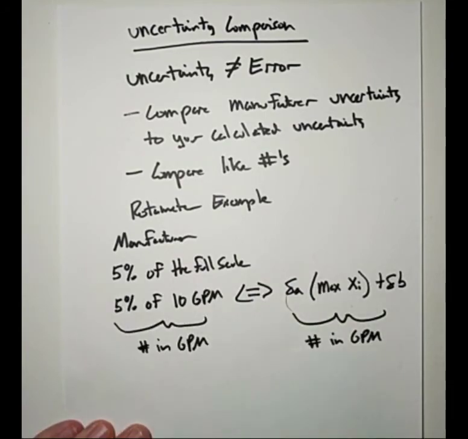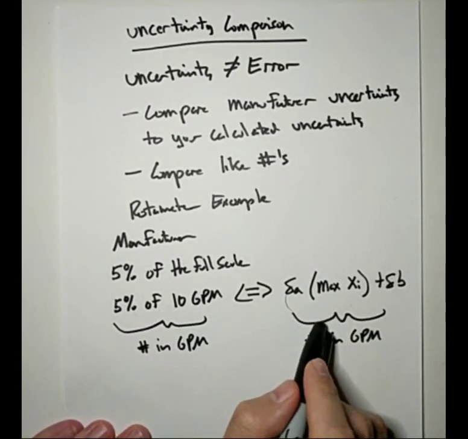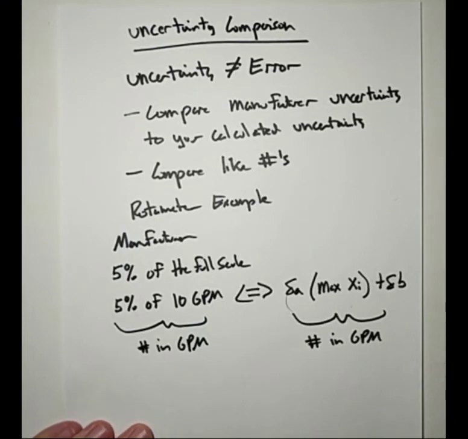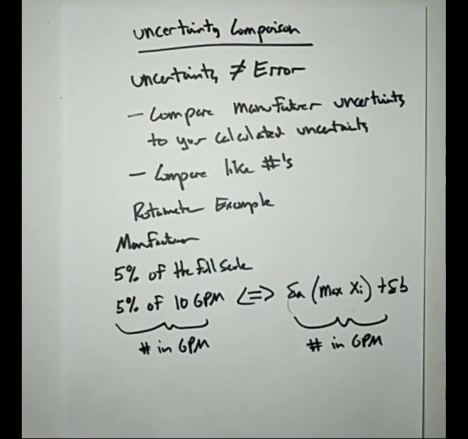If it ends up being equal to it, that's okay, but you want this to be less. If it's not less, then we probably don't have a good calibration, and you probably don't want to use that sensor as a measurement device, because you can't really trust its calibration, since the uncertainty is high. So you don't have good confidence in the numbers coming out of that sensor.